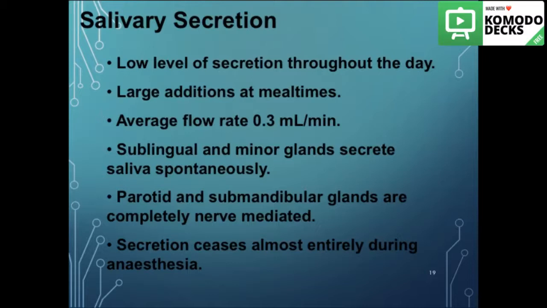According to the sublingual and the minor glands, they have a spontaneous mode of salivary secretion, while the parotid and the submandibular glands are nerve mediated and not spontaneous all the time secretion.